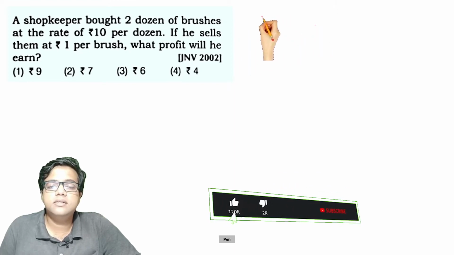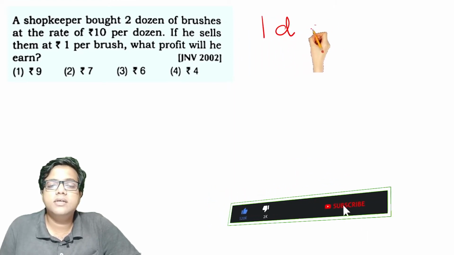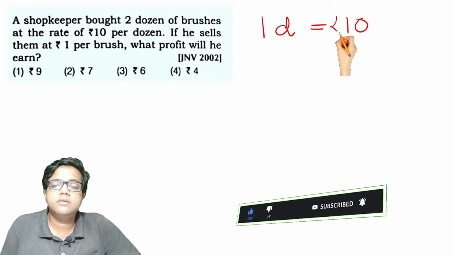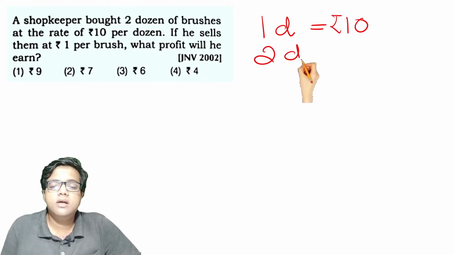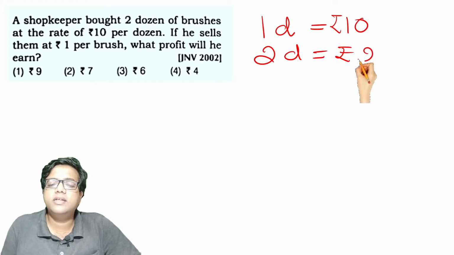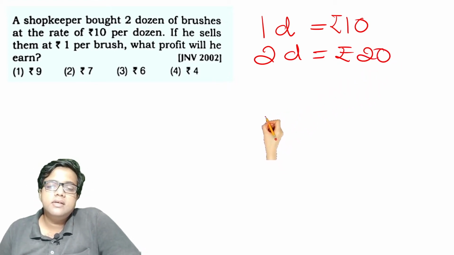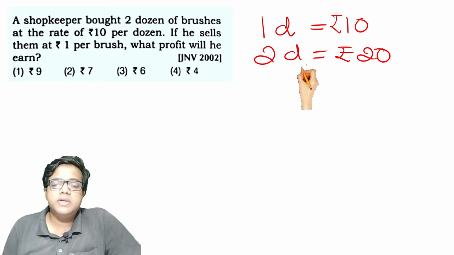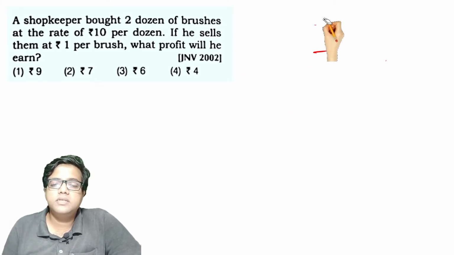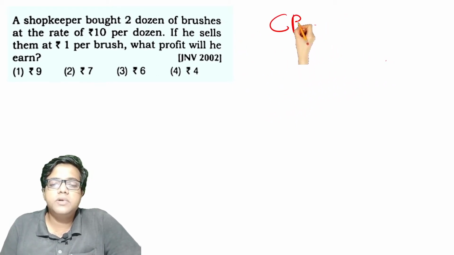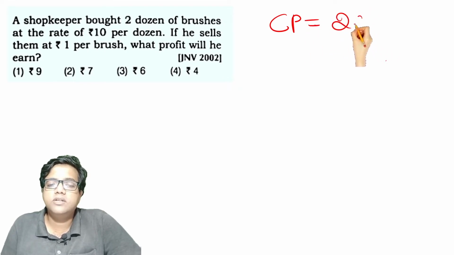For 2 dozen, how much is he paying? He will pay 20 rupees. Let me write it as the cost price. So in total, the cost price of all his brushes is 20 rupees.